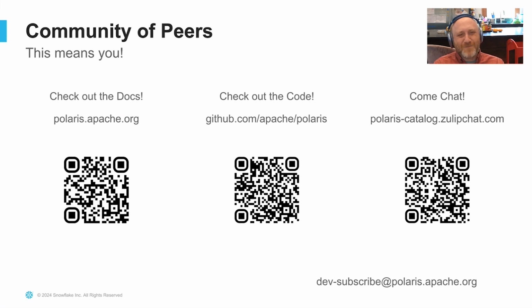If you're a true Apache project, you'll know the saying that if it didn't happen on the mailing list, it didn't happen. We also, of course, have the Apache Polaris mailing list, which I have the link for in the bottom corner. So please feel free to reach out to us if any of those future things that we're interested in working on, you're interested in working on, or if you have your own ideas or other development directions for the project. We'd be glad to hear it and glad to have you involved.